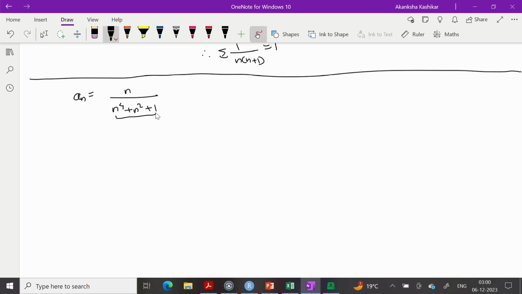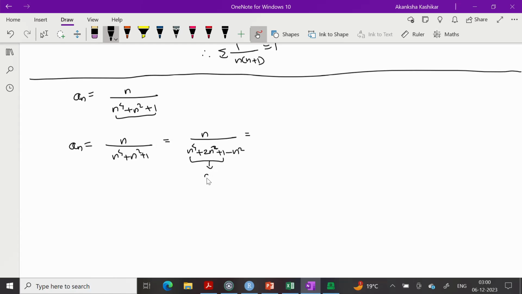In the denominator, if I make the denominator a whole square, my life could become easy. So what can I do? I could write an as, to make the denominator a whole square, I would need 2n square plus 1, so I will need to subtract 1 n square.